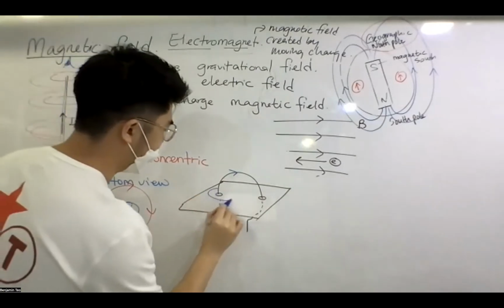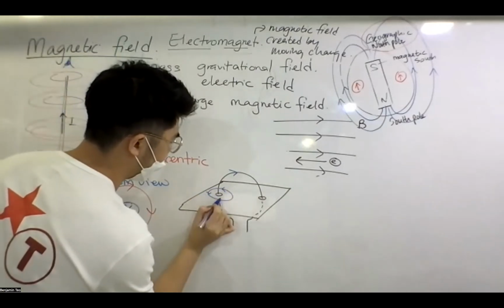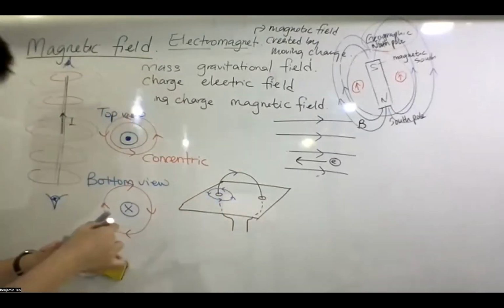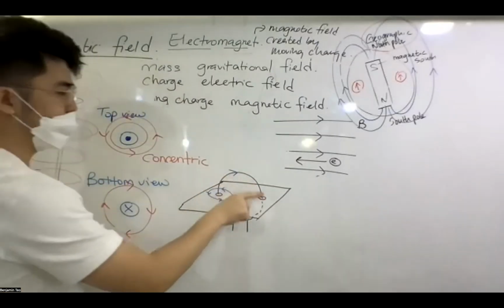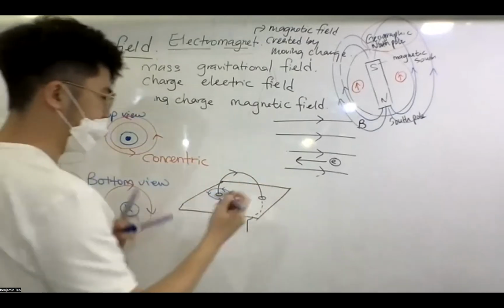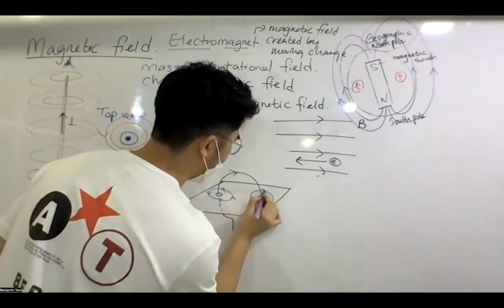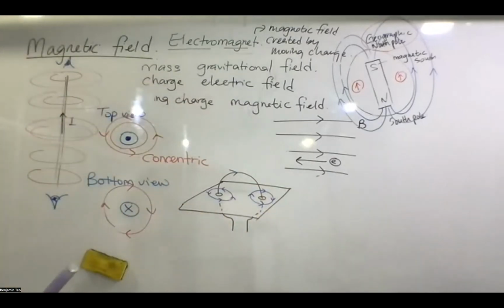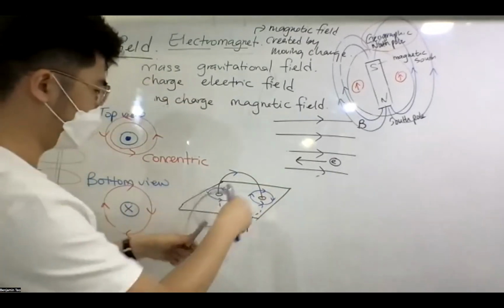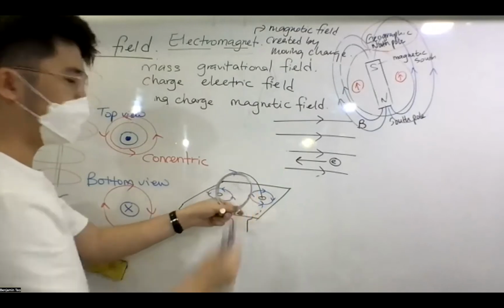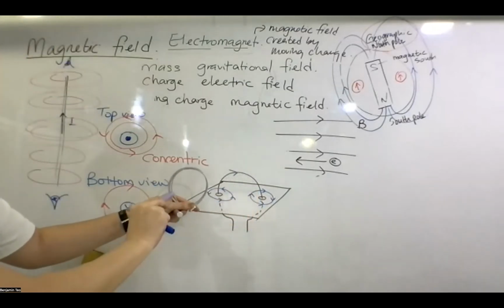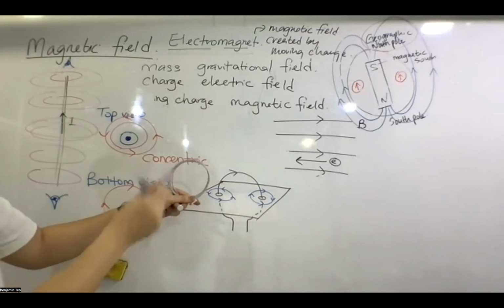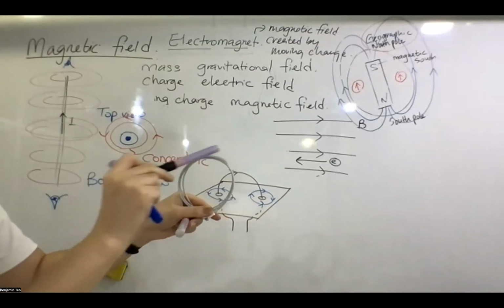Then here it is in this direction, going down, and then you curve. Here you get a clockwise direction. So here, this is the coil. The current is flowing how? Going from here to here.